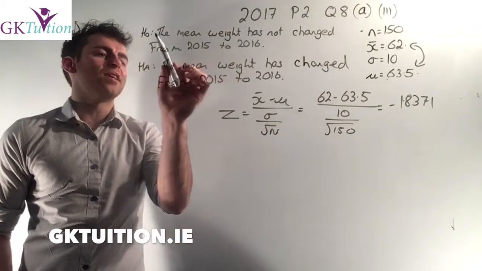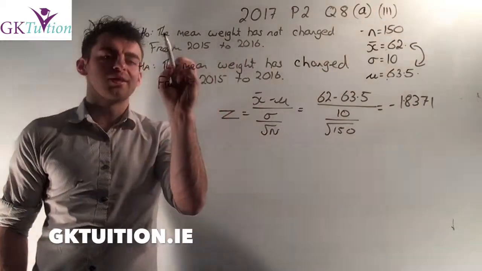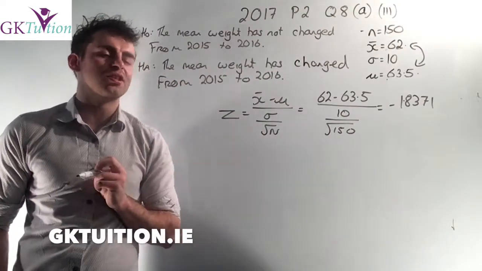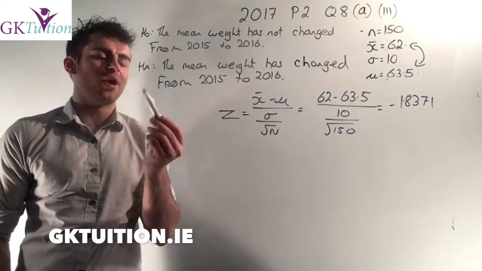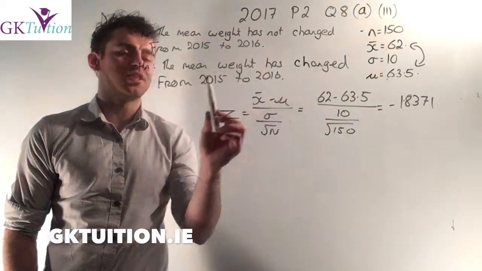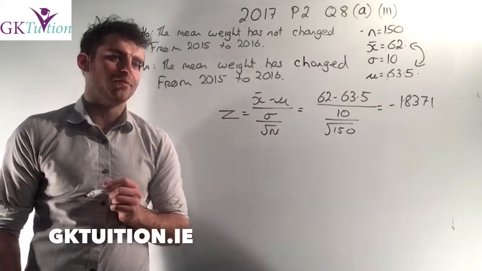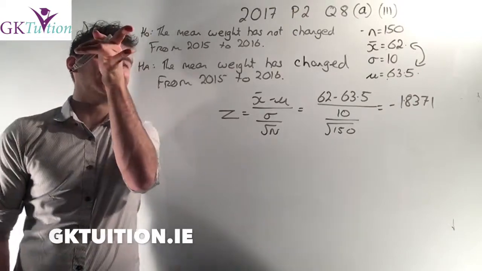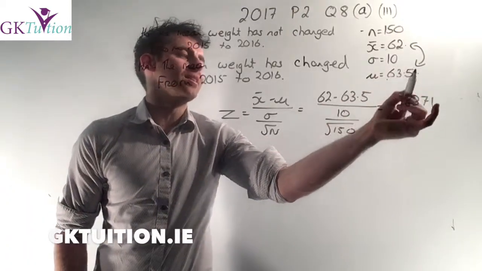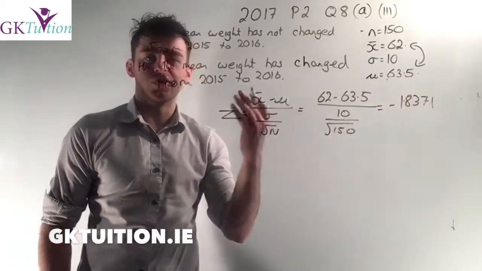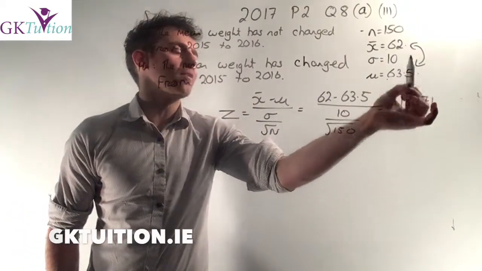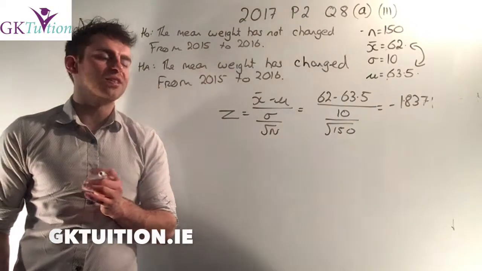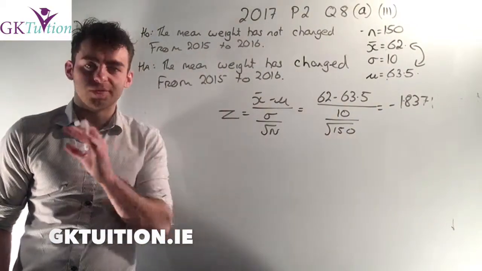And to write that, I would say that the null hypothesis is that the mean weight has not changed from 2015 to 2016. Alternatively, the alternative hypothesis is that the mean weight has changed from 2015 to 2016. Mathematically, what this one means is I don't think there's any statistically significant difference between these two. It's just a coincidence. Whereas this one means that actually there's a big difference between them. It's hardly a coincidence. The average weight of 15-year-olds must have changed.